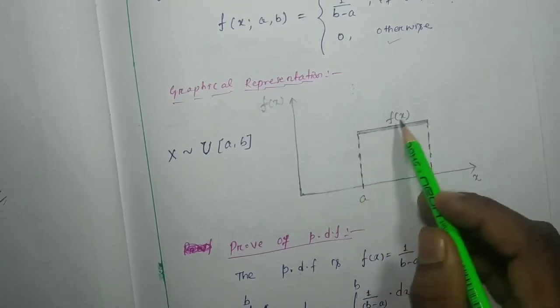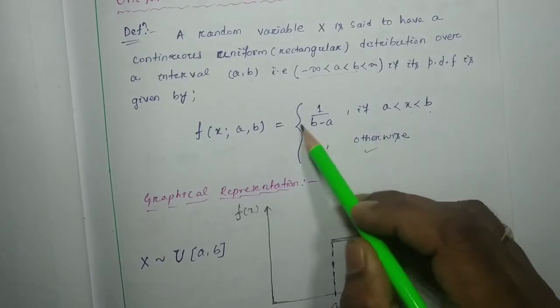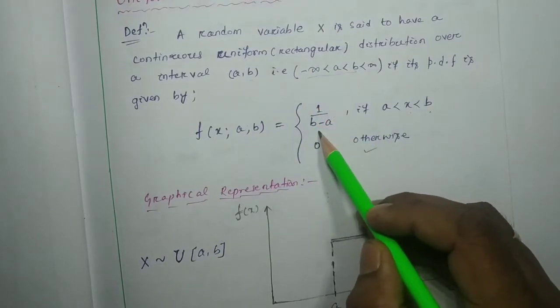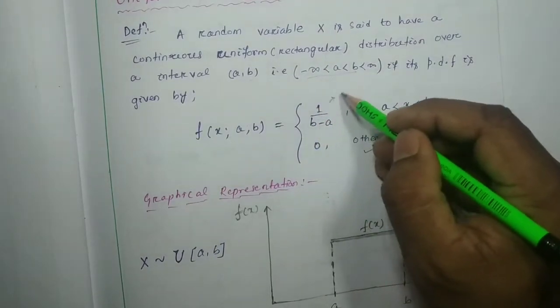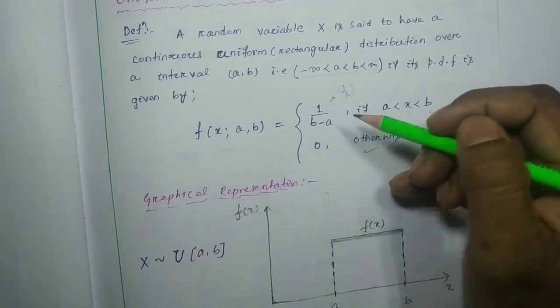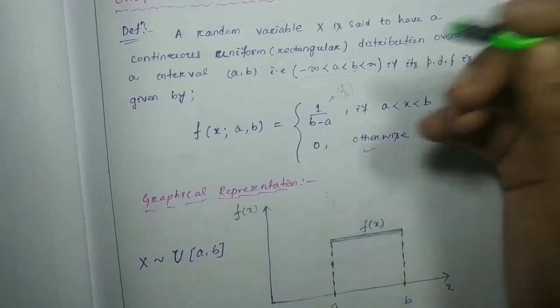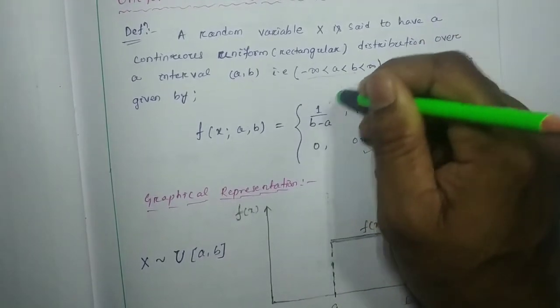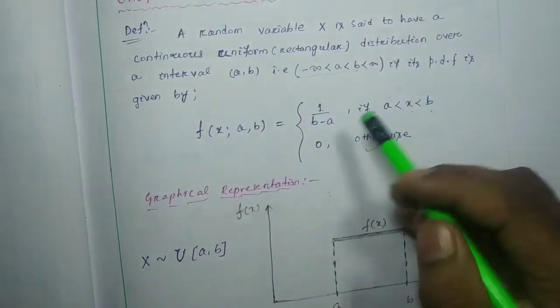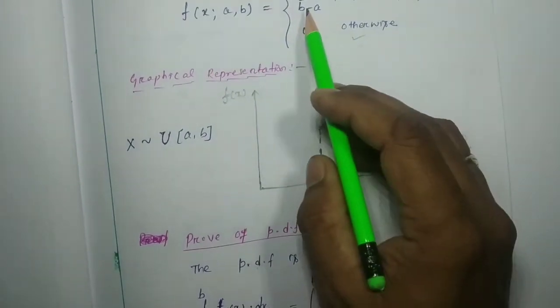Some books write this as 1 by k. Here b minus a is nothing but a constant, so you can also write 1 by k, but I suggest that you write 1 by b minus a. This is a constant value.